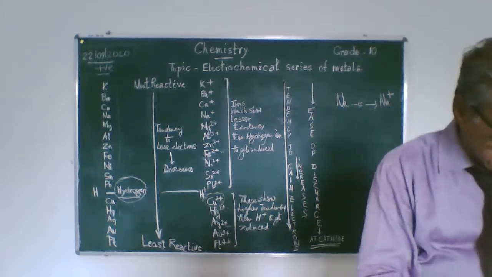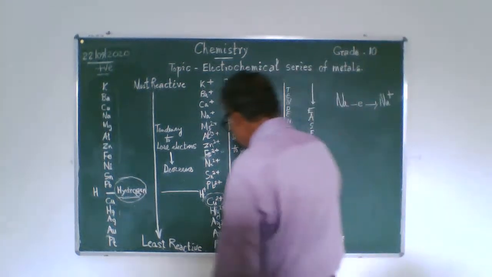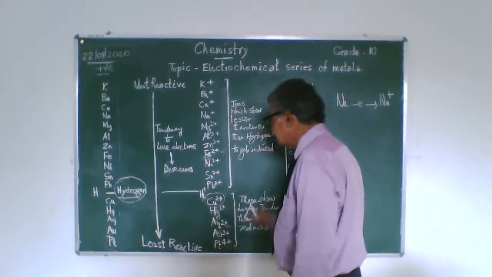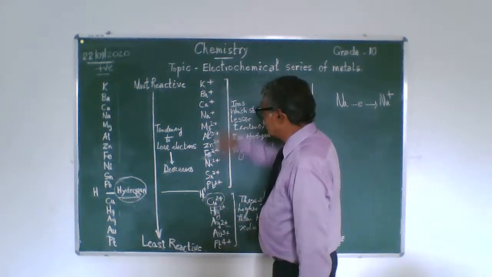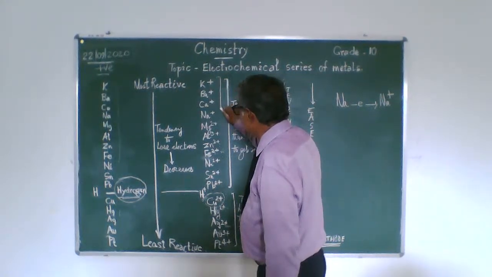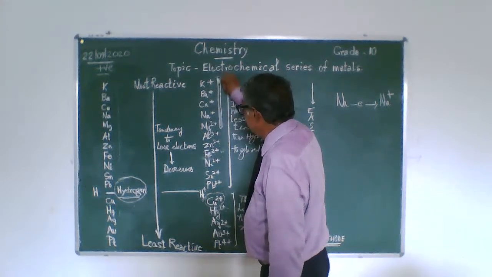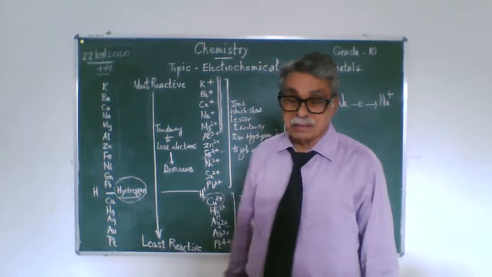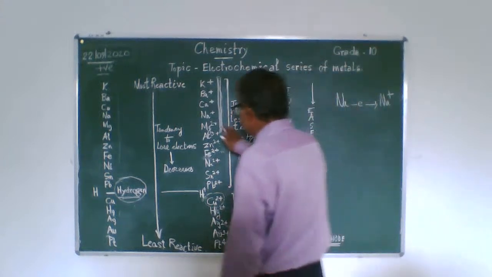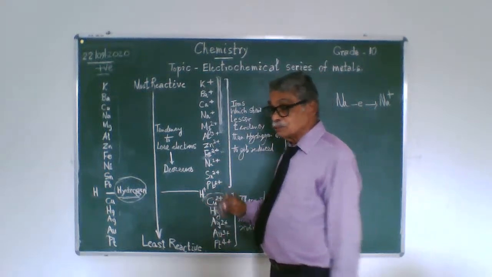Third, elements lower in the series get discharged more easily. Elements lower in the series get discharged faster than elements above them. In fact, elements like potassium, barium, calcium, sodium, magnesium can never be discharged from a solution by causing electricity, because they are such strong reducing agents that they refuse to come out from solutions.